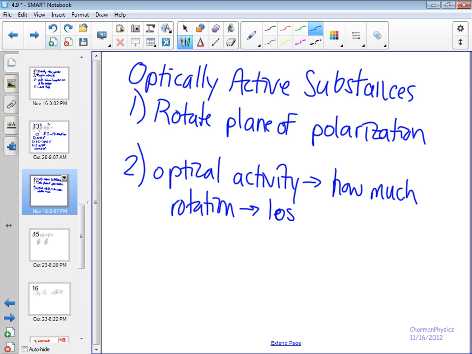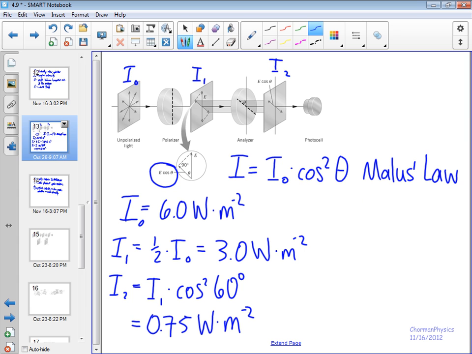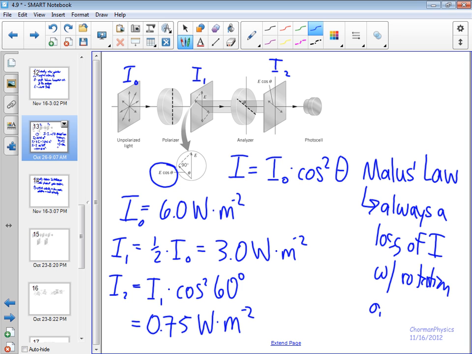And how much rotation tells us how much lost intensity we have. So every time we rotate the plane of polarization, you notice with Malus's law, there's always a loss of intensity with the rotation of the plane of the polarization.